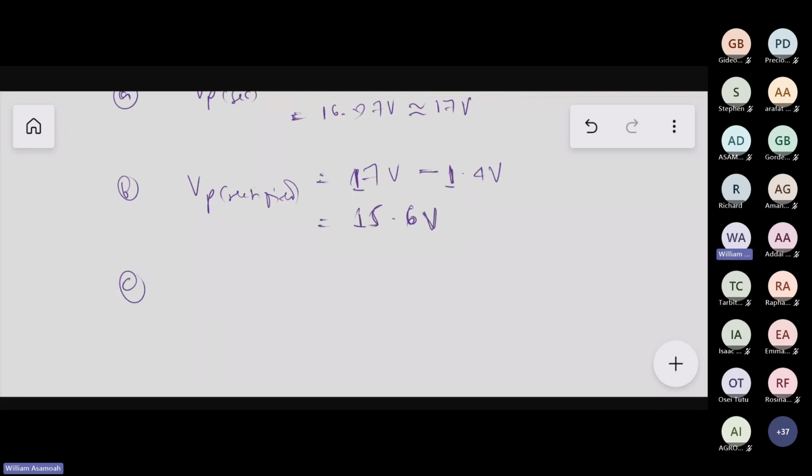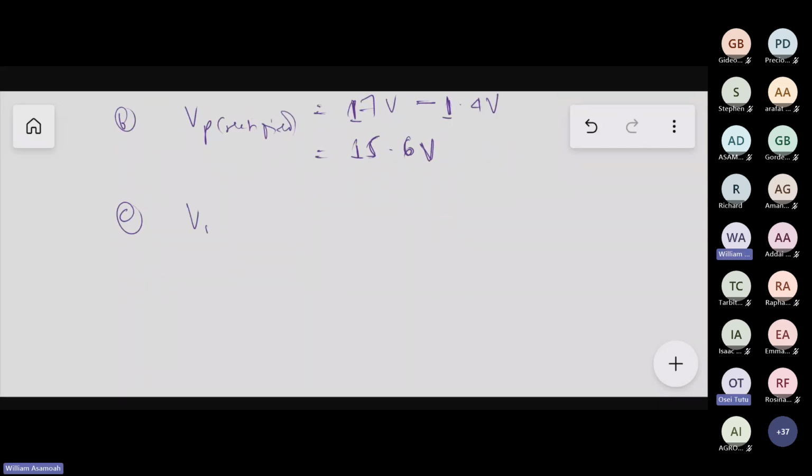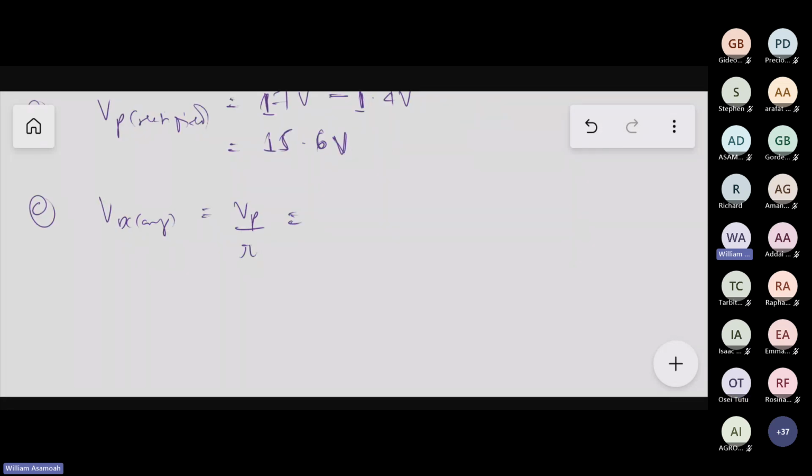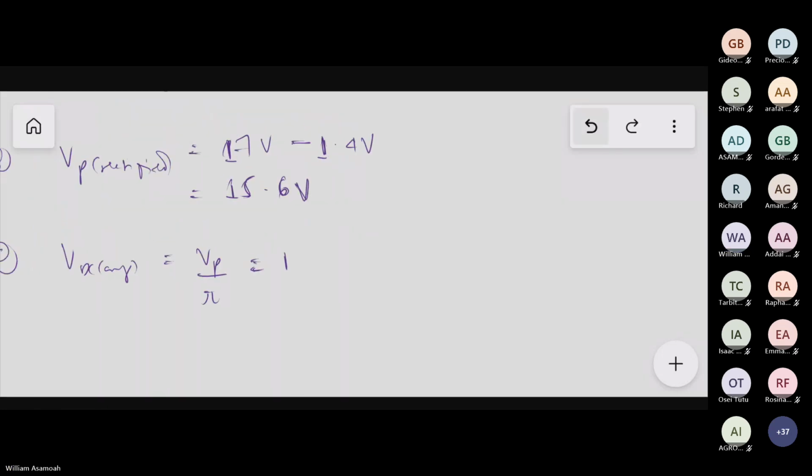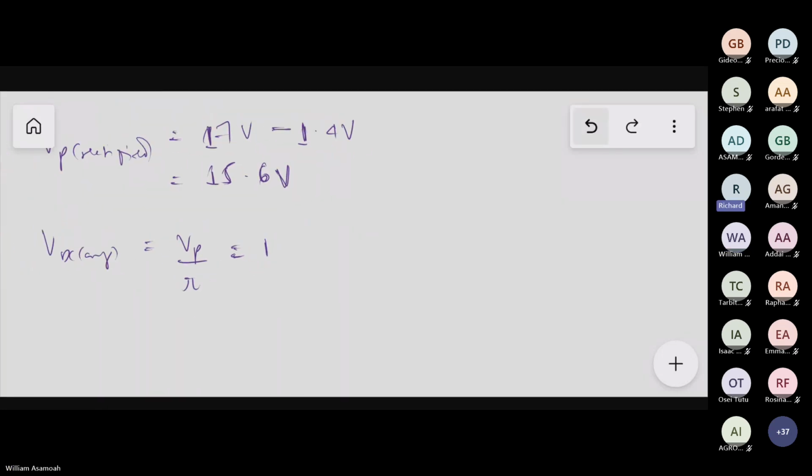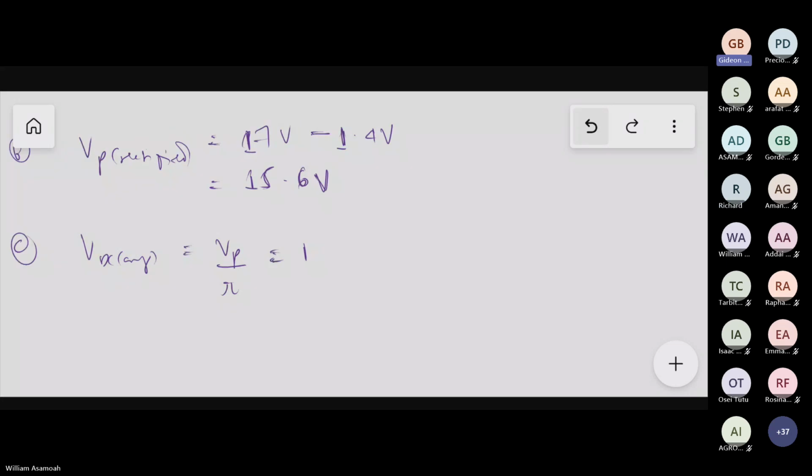Then C is to find the average DC voltage. V DC average is equal to 2 V peak over pi. And this is going to be equal to 17, right? Sorry, 2 times V peak. Yes, so 2. Thank you very much. Now what do we have?